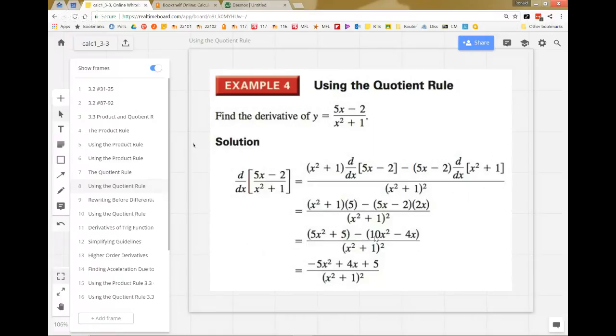So then you've got to subtract this, and you're going to wind up adding there because minus a negative. Anyway, you bring the like terms together and you leave it in that form. We're done. Derivative using the quotient rule.